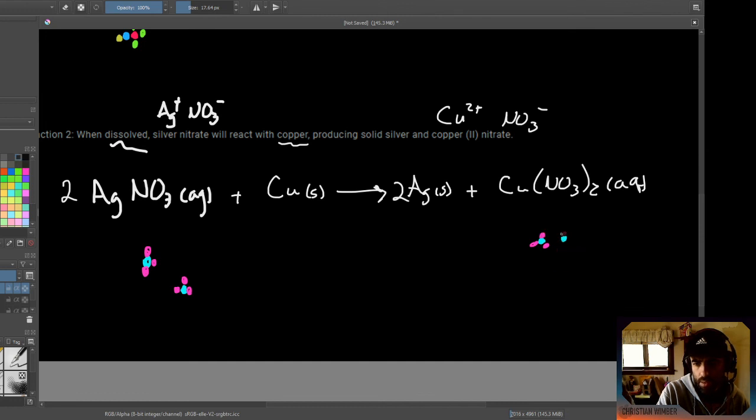And oops, NO3. Silver, silver, silver, silver. Notice those two are not attached to each other. And then copper. Oh, let's not do that color. It's going to be way too close.